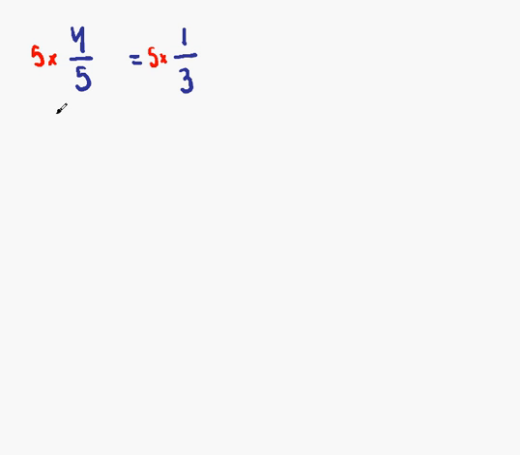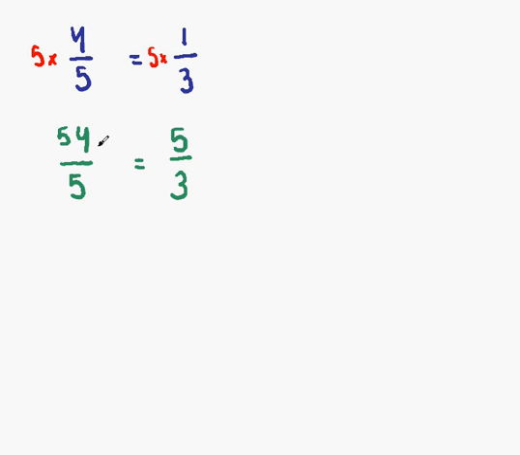In this example, I'm going to include a line of working in green, which will not be required in any of the other examples thereafter. So 5 times y over 5 gives us 5y over 5, and that's equal to 5 times 1/3, which gives us 5 over 3.